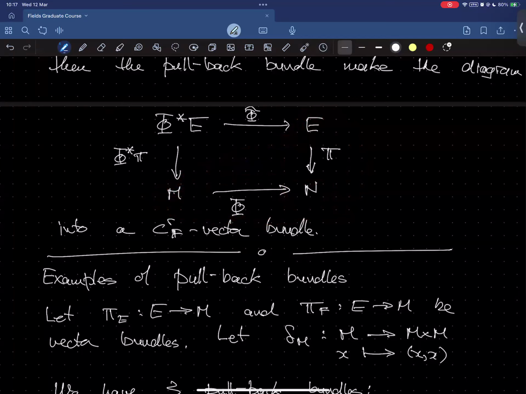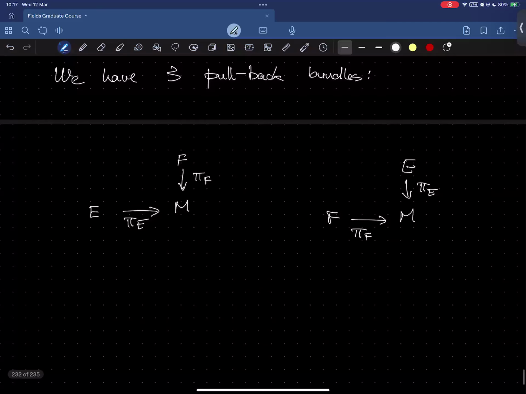So I've drawn that for these two things, and then on the other one I have M cross M, then I have E cross F. So this is the product now.